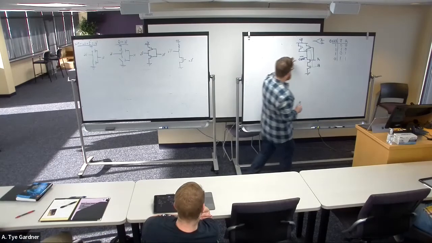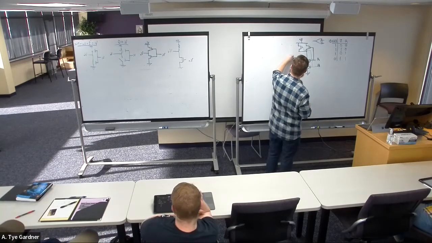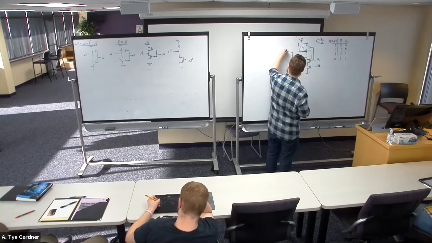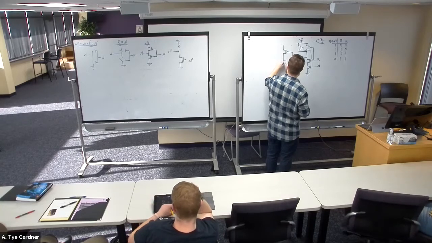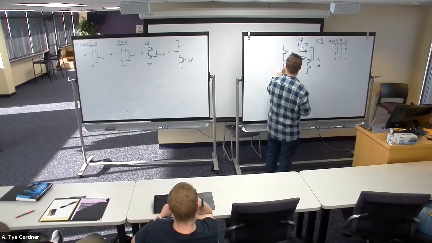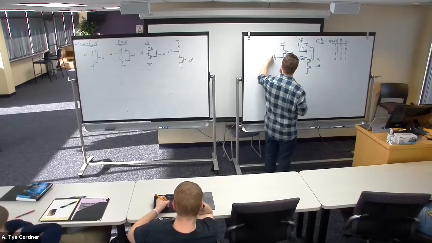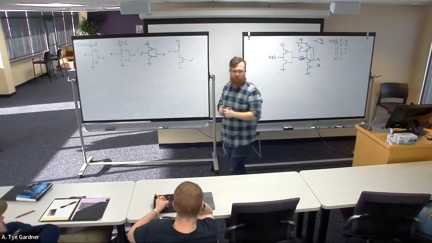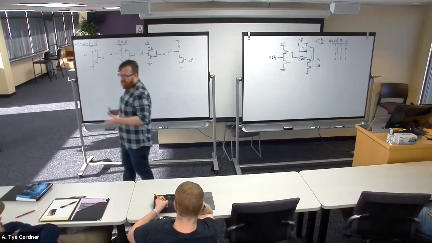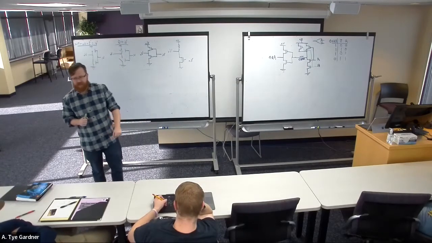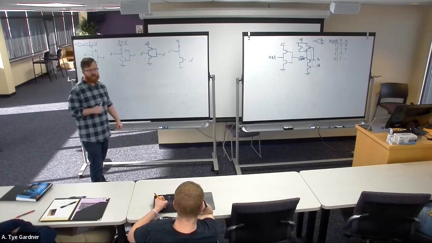So in order to build an AND, it takes me 6 gates. To build a NAND, it only takes me 4.